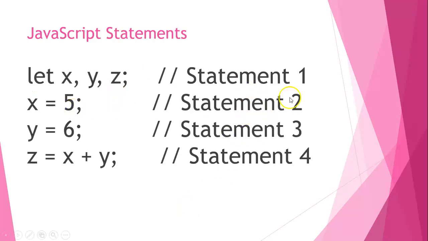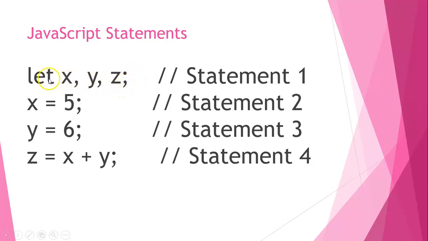Then you have statements in JavaScript, just like this. The majority of the statements are separated by using this semicolon. Anytime you see a semicolon, that marks the end of a statement. Like this statement here defines a variable called y, a variable called z, and of course we have x, and then it ends here.